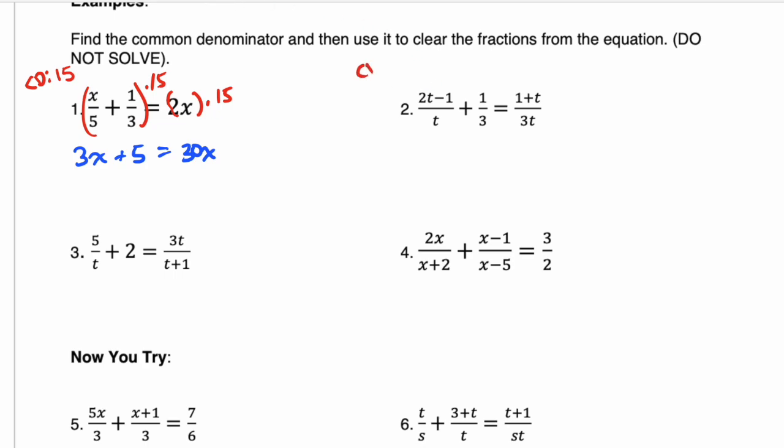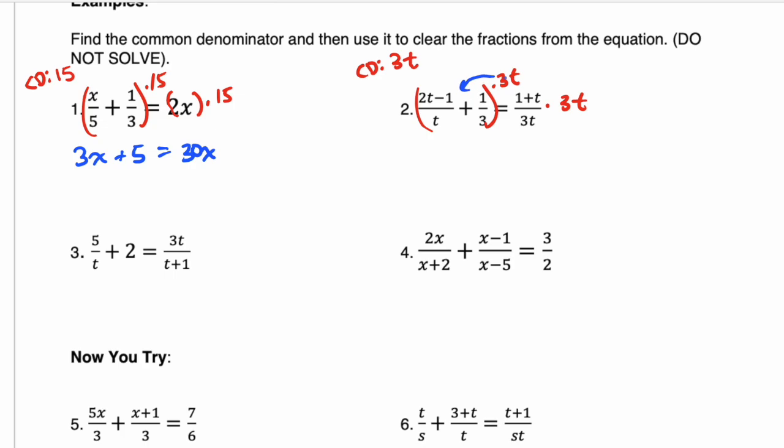And the next one, the common denominator would be, well, we get a 3 and a t, and a 3t, so 3t works. Just simply 3 times t is 3t, so we can multiply everything by 3t. We can multiply this side by 3t, and this side by 3t, and let's just do it one at a time.